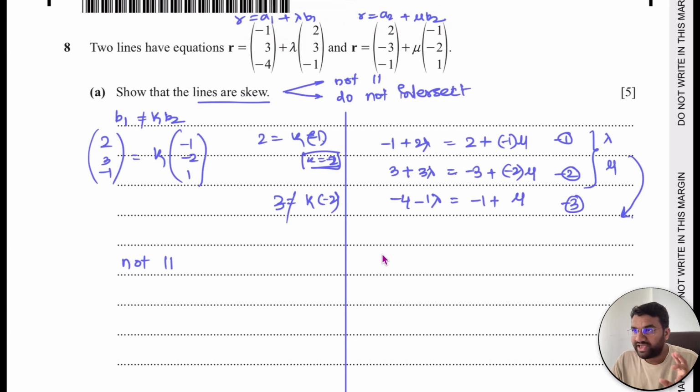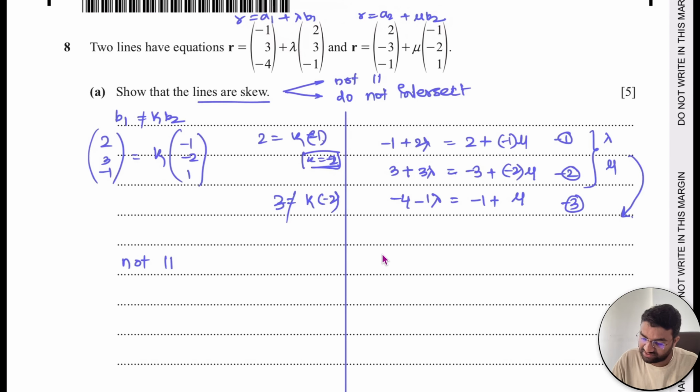So we have to solve the first two equations. Transfer μ to the left and transfer the 1 to the right: 2λ + μ equals 2 + 1, which is 3. This is the first equation in simplified form.